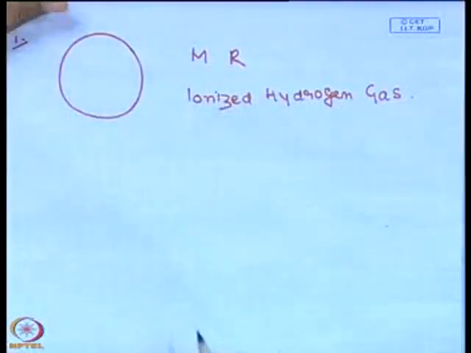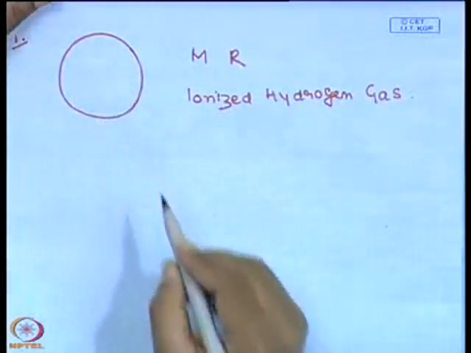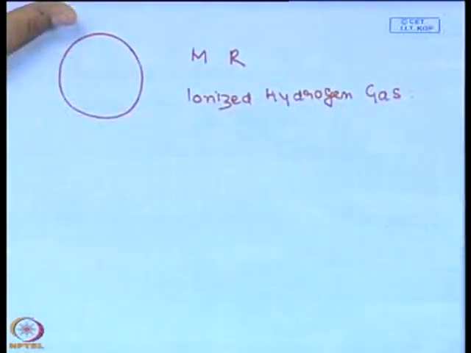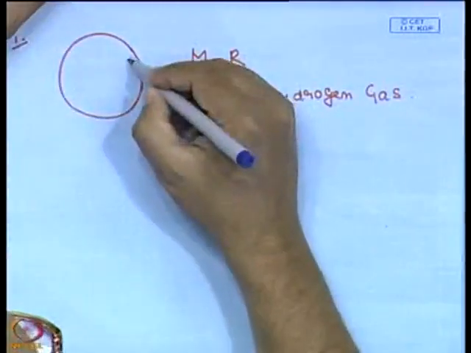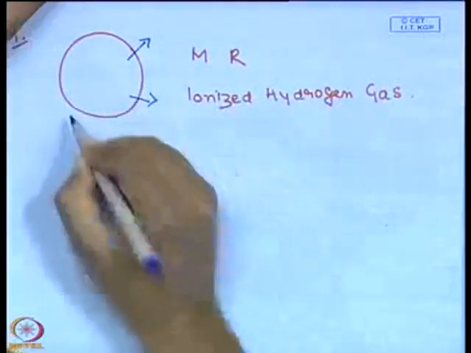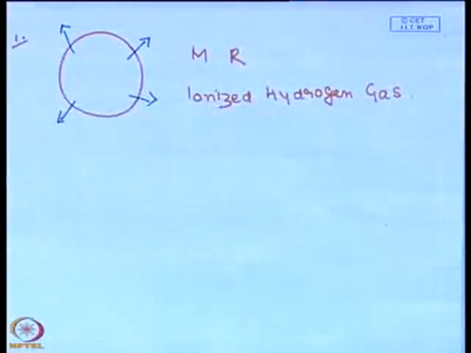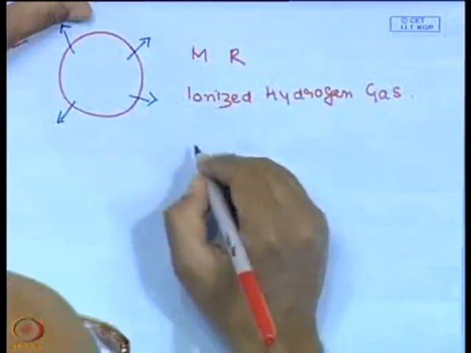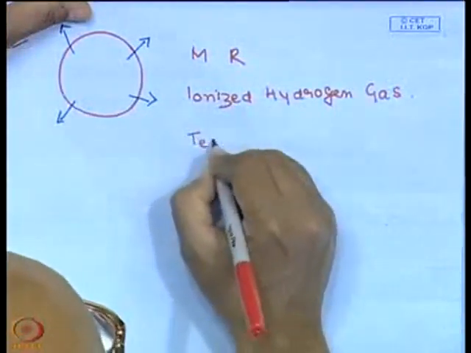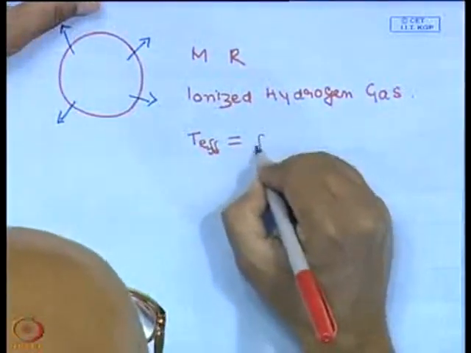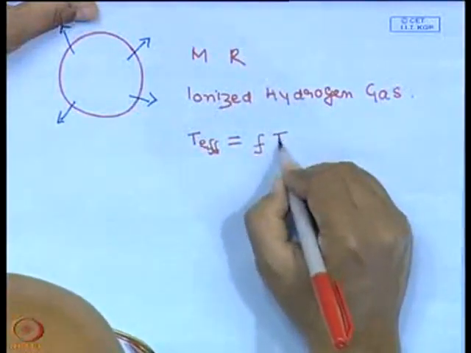It has some virial temperature, and this sphere we will assume that it also emits radiation from the surface, at a temperature T effective, which is a fraction f of the virial temperature.